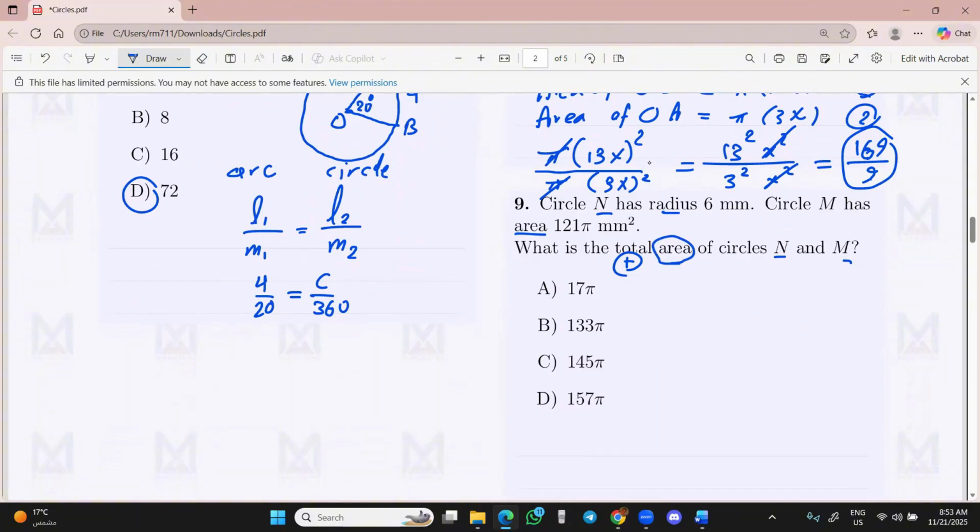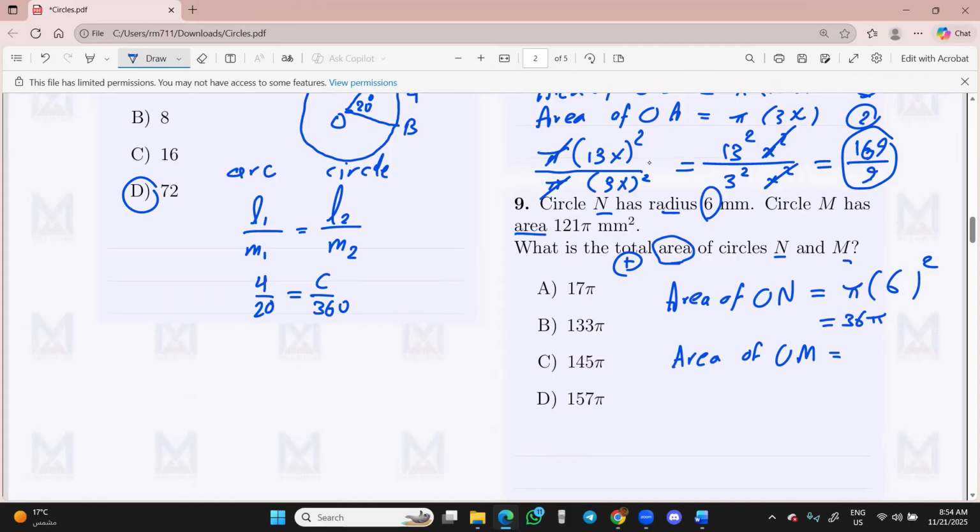So we can get the area of N. Area of circle N is equal to pi r squared, where r is equal to 6. So 6 squared is 36, so we have 36 pi. This is the area of circle N. And we already have the area of circle M, which is given already, 121 pi.